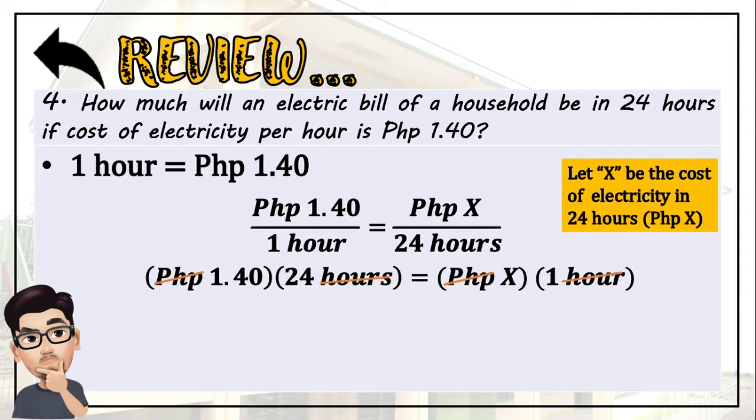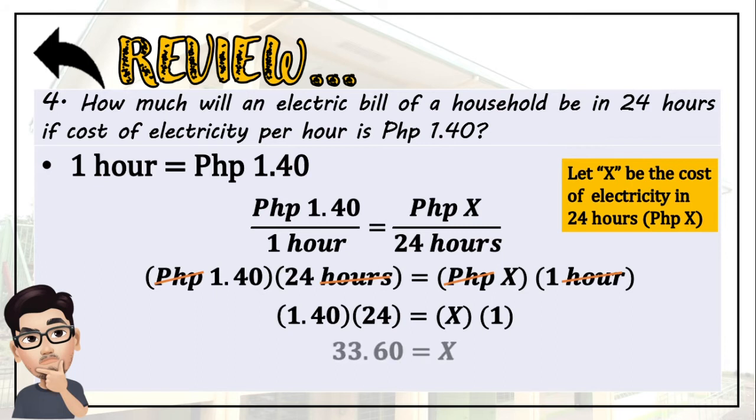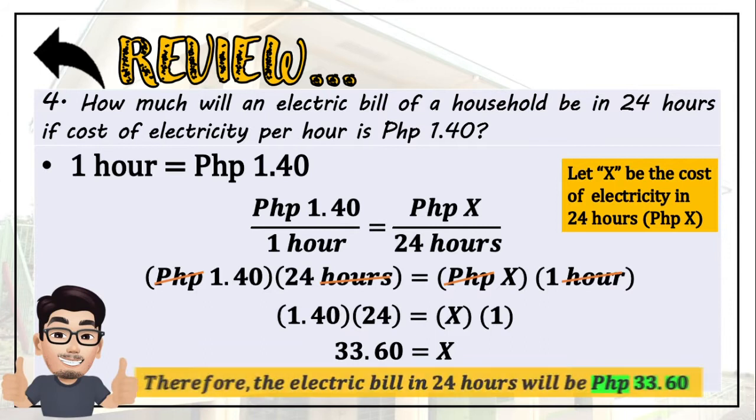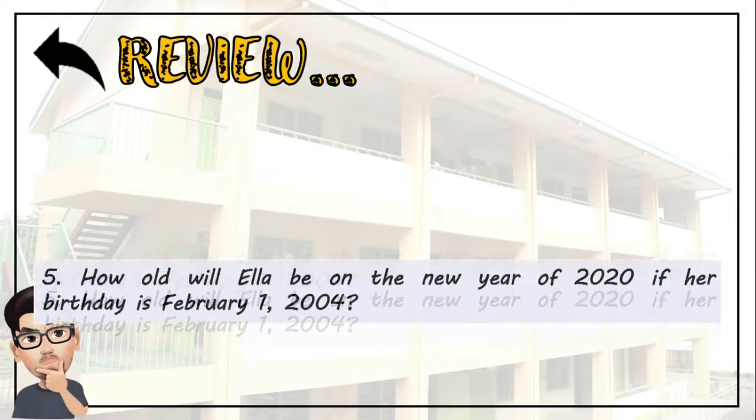To avoid confusion, we will remove the units and we will arrive at 1.40 times 24 equals x times 1. To solve that, we will have x equals 33.60. Therefore, the electric bill in 24 hours of a household will be 33 pesos and 60 cents. Good job! Next example.